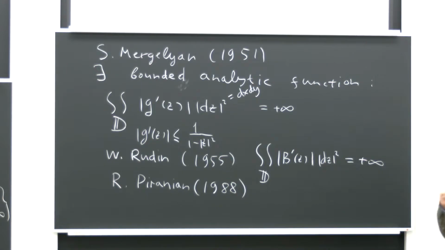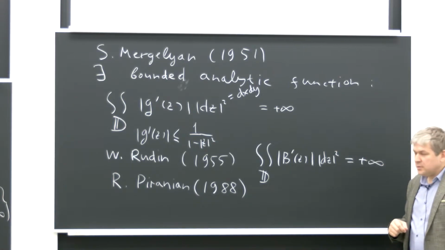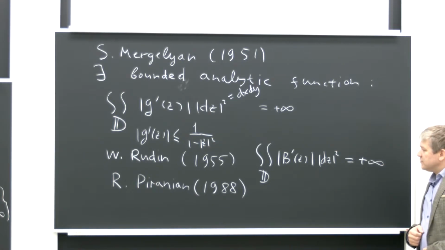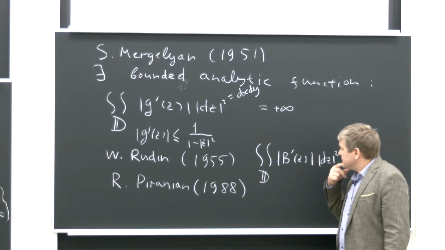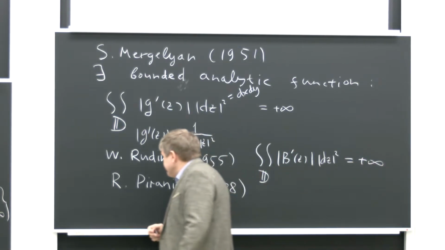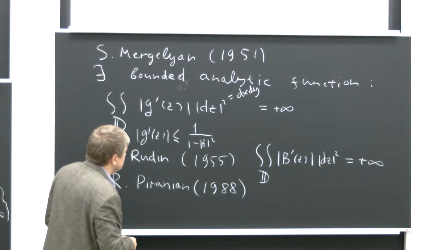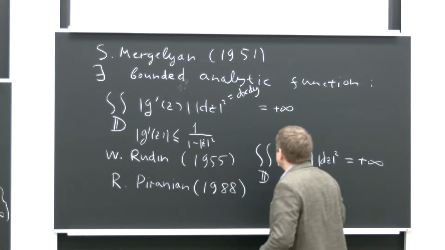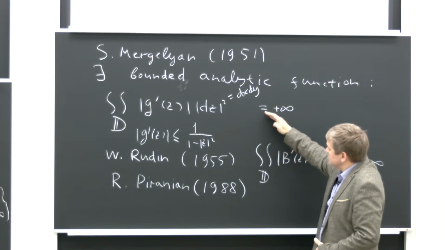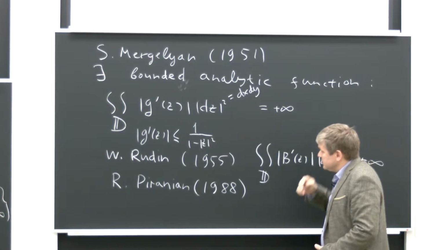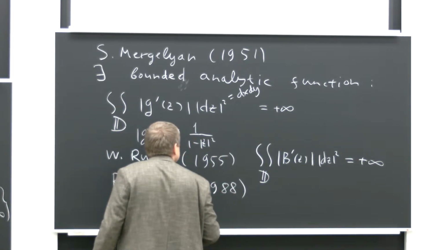He just wrote down concrete zeros. They are very non-trivial examples, but concrete. Both results actually follow in some sense from this result, which also shows that there exist infinite Blaschke products with such a property.